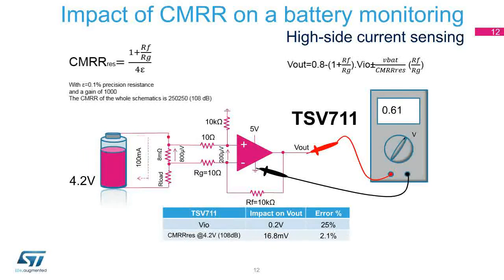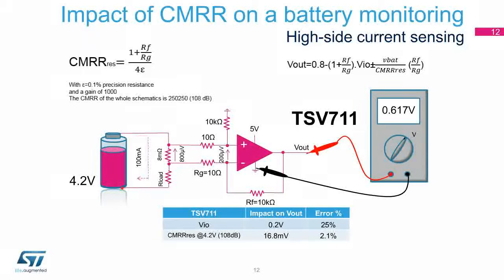The CMRR due to the mismatch of the resistance must be taken into account, and depending on the precision of the resistance, the CMRR res might be predominant in the total output error. The CMRR of the differential amplifier is given by this equation, and if we consider that the precision of the 4 resistors is 0.1% with a gain of 1000, we can obtain a CMRR of 108 decibels.